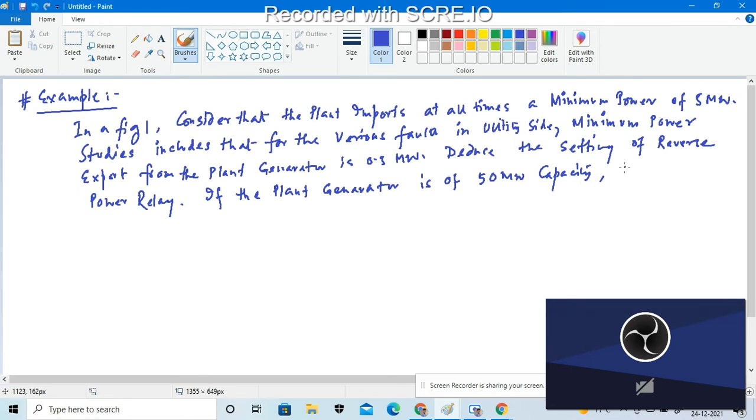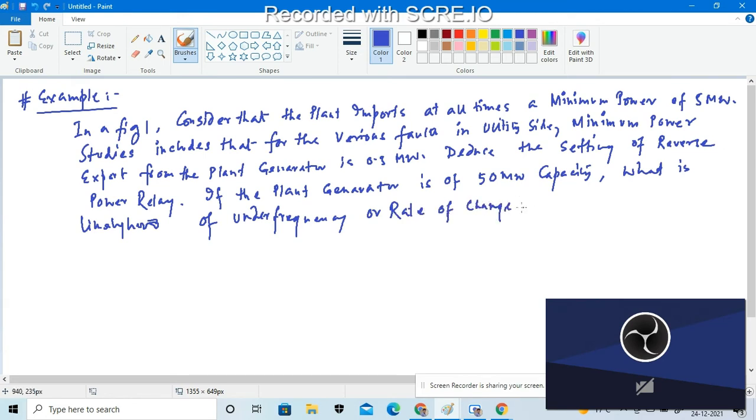So the question is, what is the likelihood of an under frequency or rate of change of frequency relay picking up such a fault?